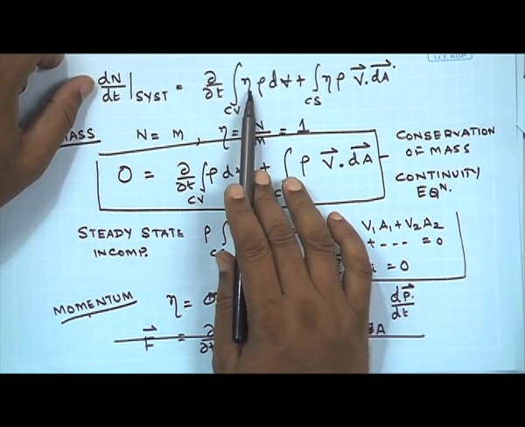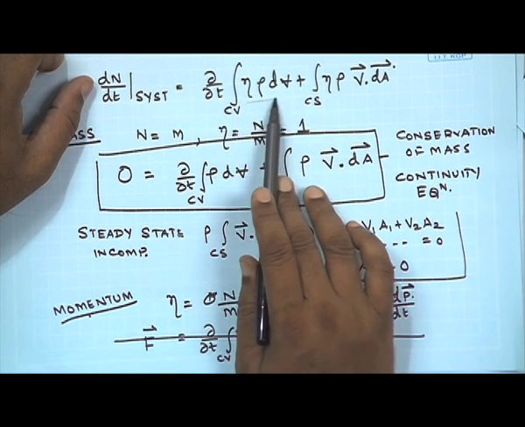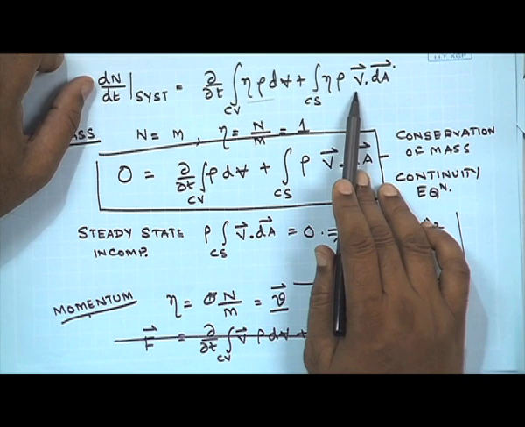So, here also instead of eta, we are going to put V, the velocity, and therefore, this is going to be the unsteady state term, and this is the net efflux of momentum through the control surfaces into the control volume.